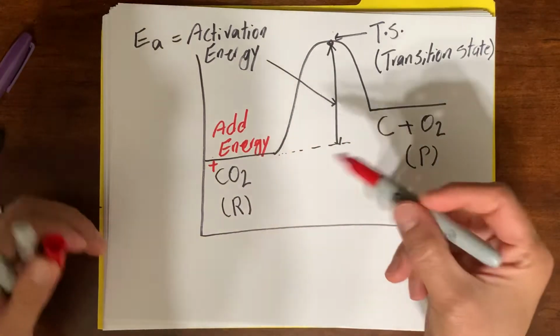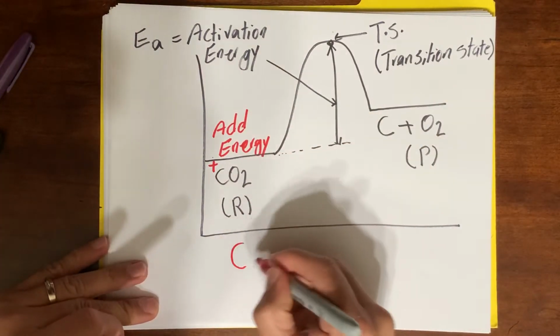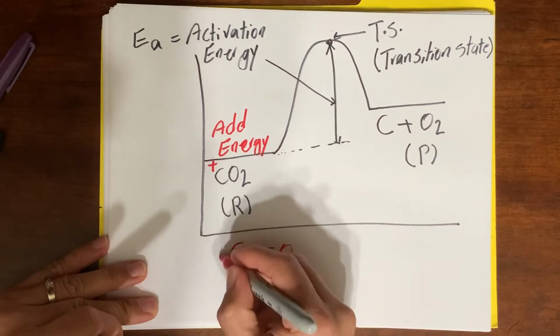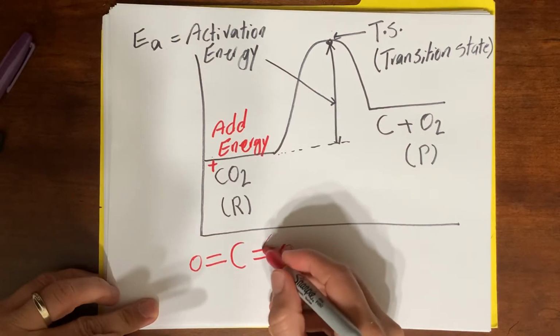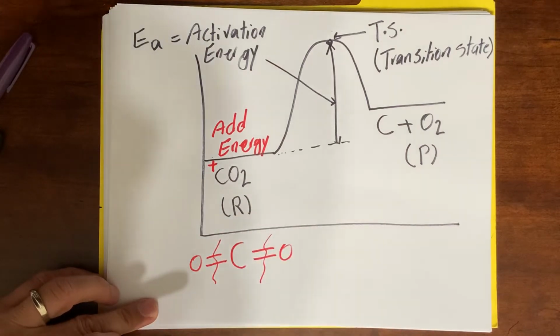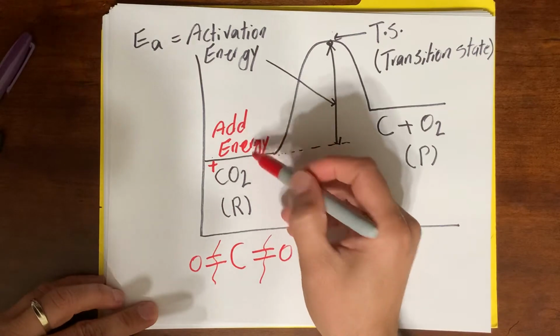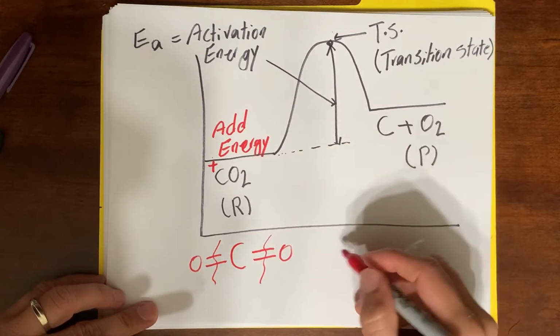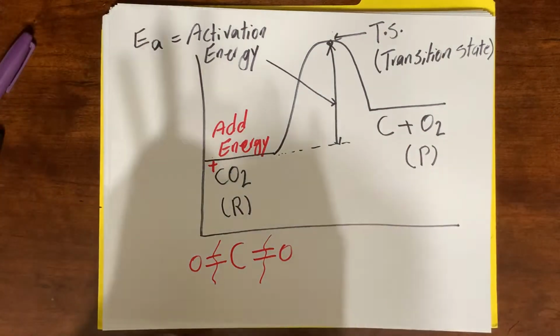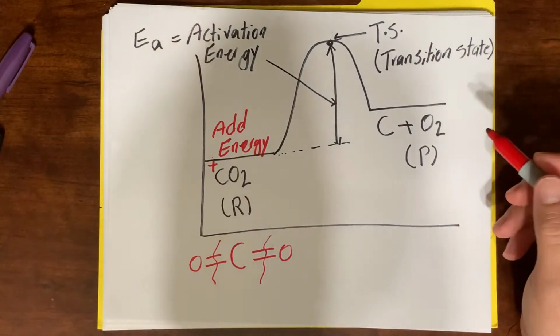For example, in this case, I have carbon dioxide. I want to break these two bonds. I need energy to break those two bonds, so we have to give it energy. And then the two oxygens will see each other, and they will generate O2.